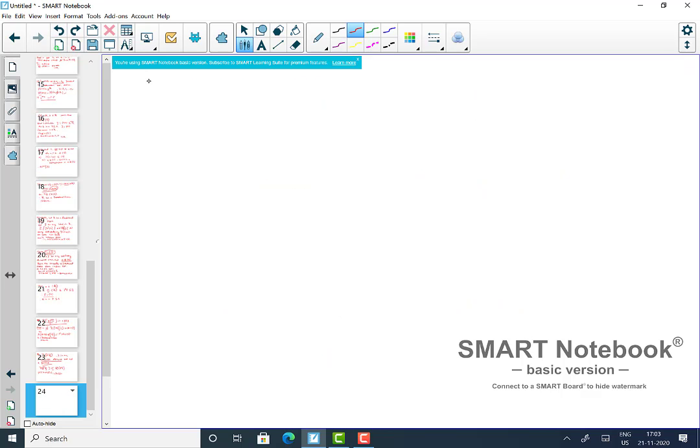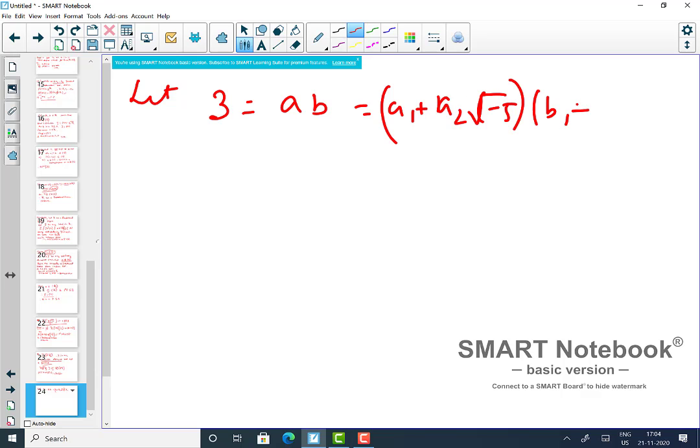So how to prove it's irreducible? Let us write 3 equal to a times b, where a equals a1 plus a2 root minus 5, and b equals b1 plus b2 root minus 5, right?